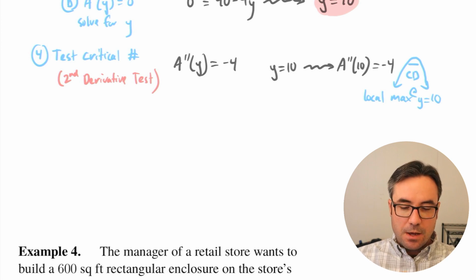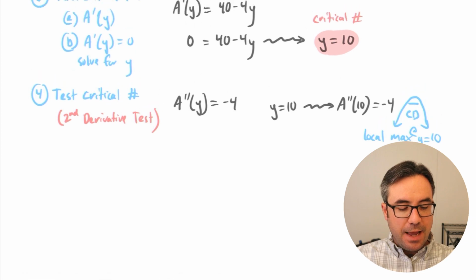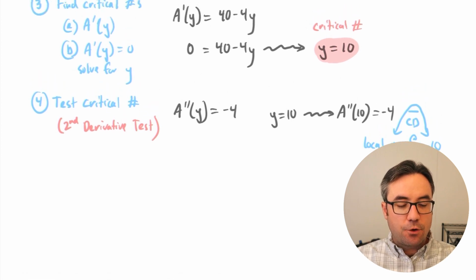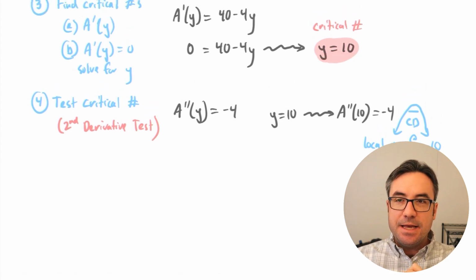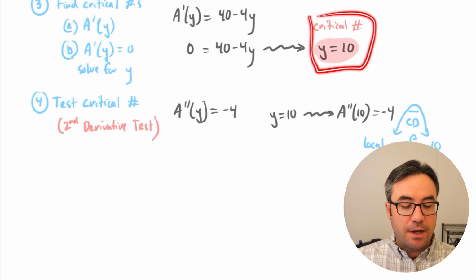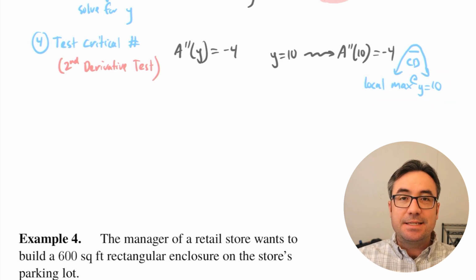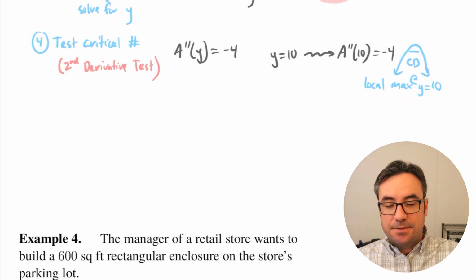Now, we mentioned this in class last time, and what happens when we only have one critical number is we can actually say a little bit more. So there's only one critical number here. So not only is this a local max, it's actually the absolute max.